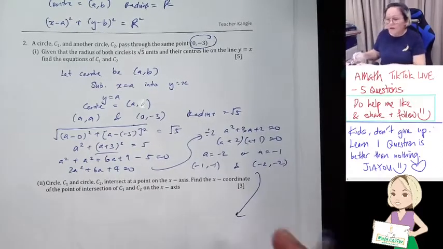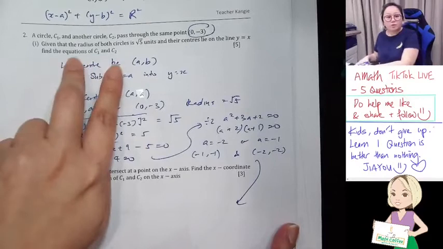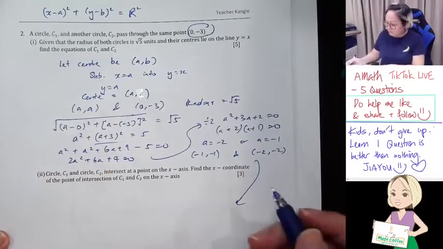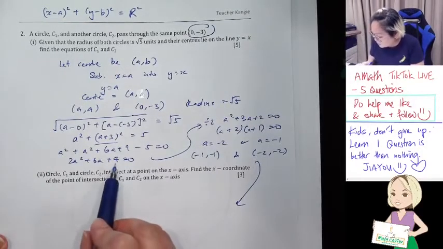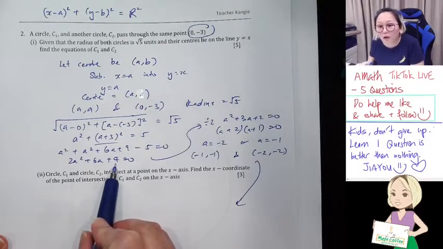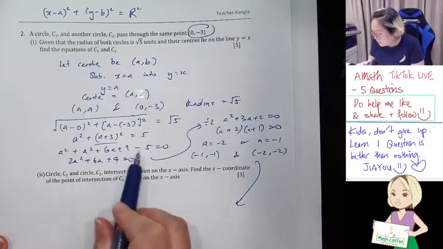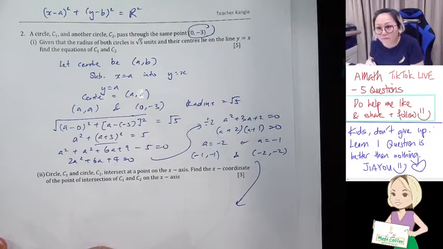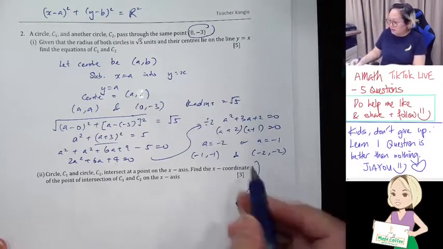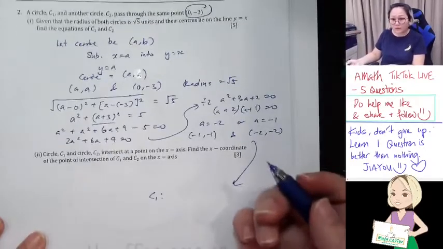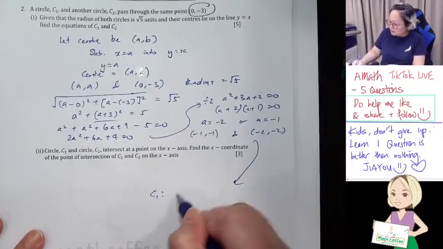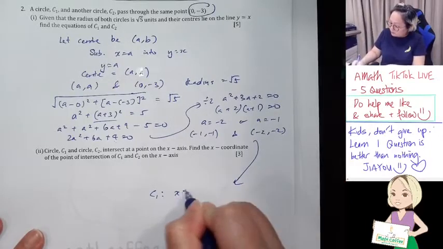So after that, they want the equation of the 2 circles, right? 9 minus 5 is 4. So then after that, equation of the circle, you will write C1. C1: (x plus 1) squared.